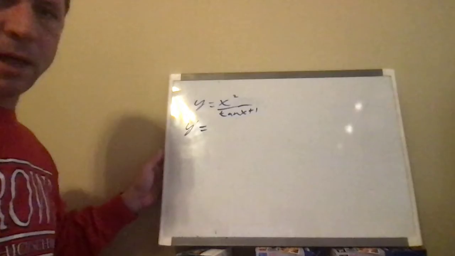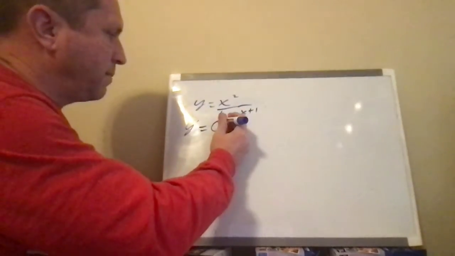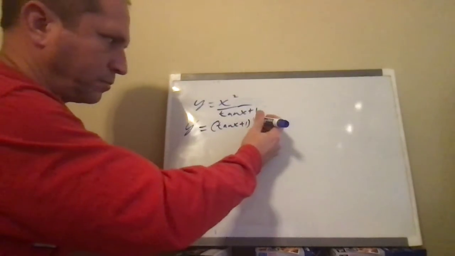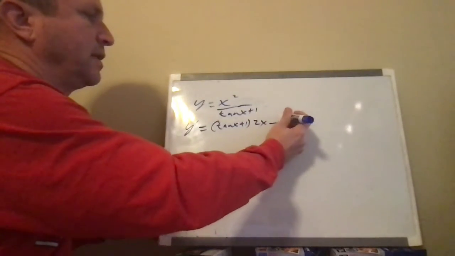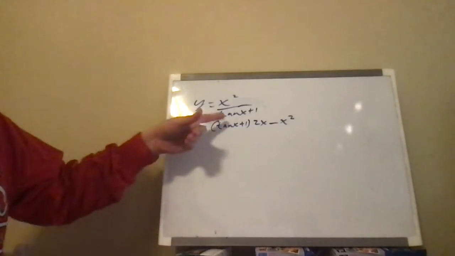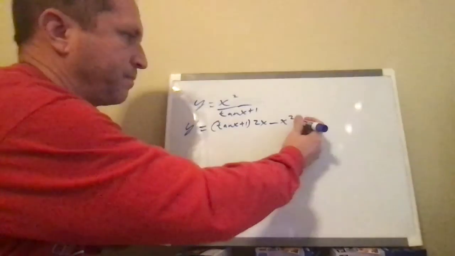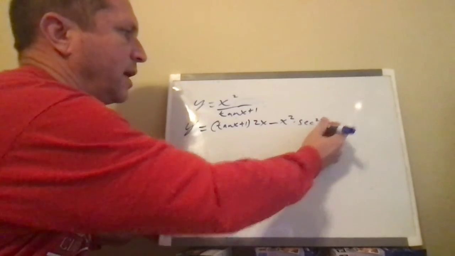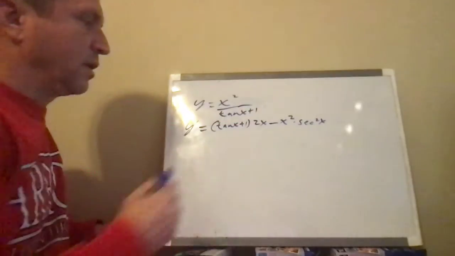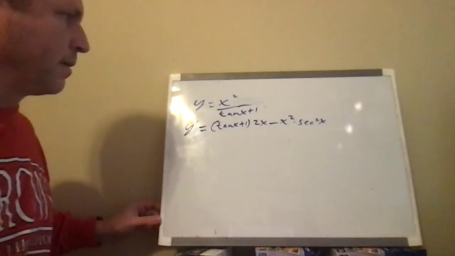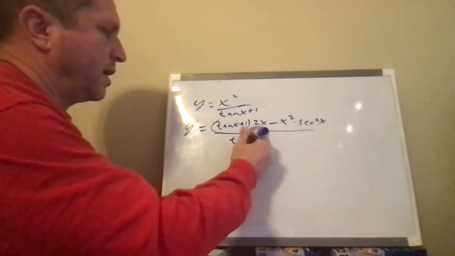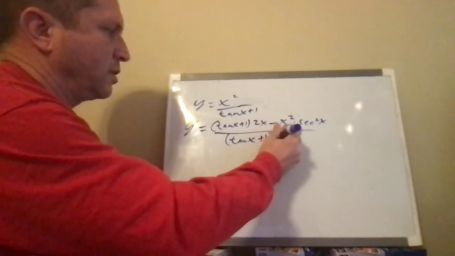So it's going to be low, which is the tangent of x plus 1, d high, 2x, minus x squared, high, d low. The derivative of tangent of x is, again, secant squared of x, plus 1, the derivative of 1 is, of course, 0, so there's nothing else. All over the tangent of x plus 1 quantity squared.